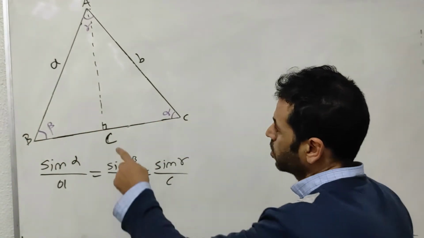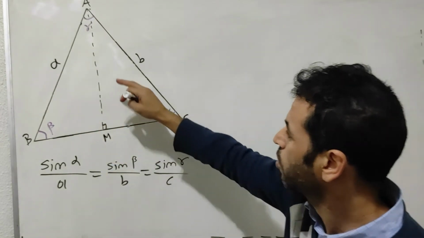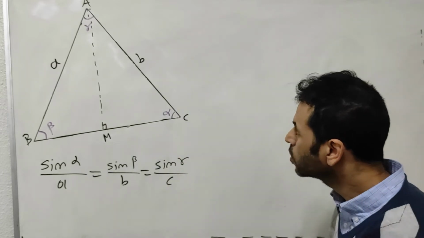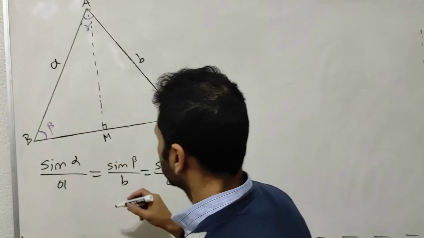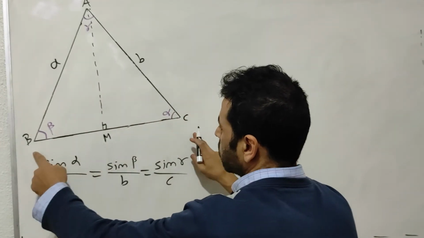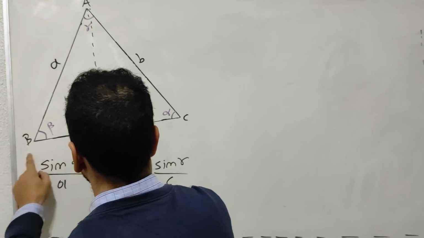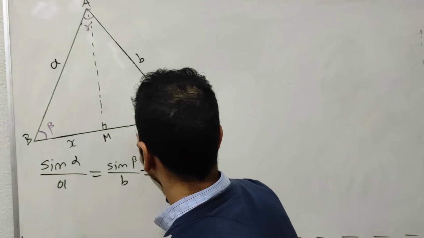It's giving us a right triangle on both sides. We have two right triangles, ABM and AMC. Let's divide this segment in two. Let's call the distance from B to M X, and the distance from M to C Y.